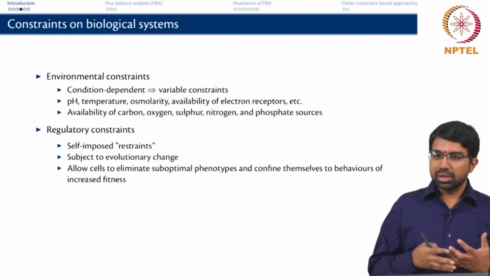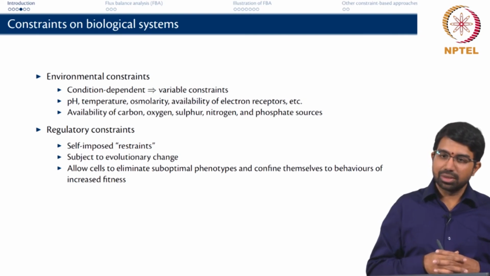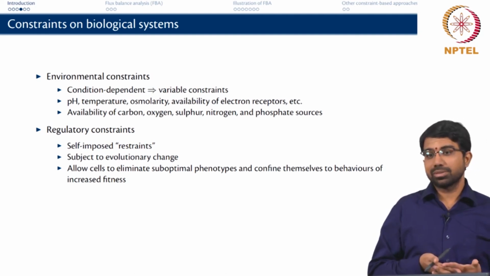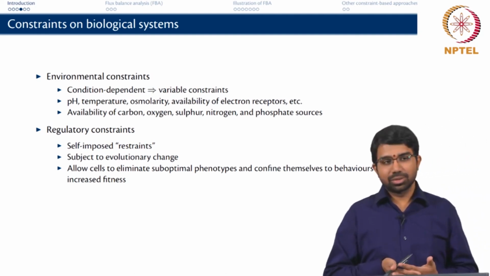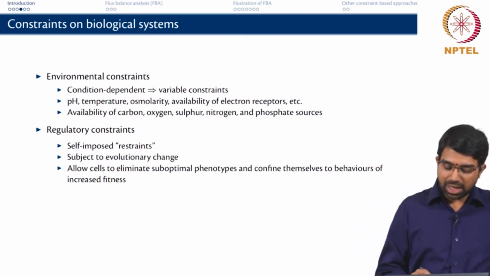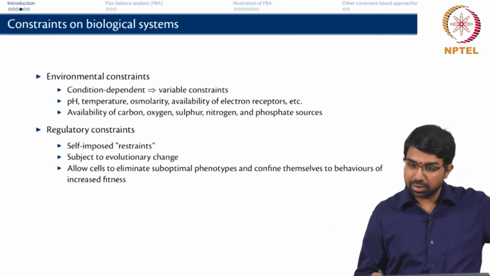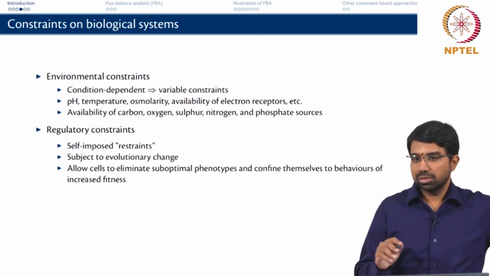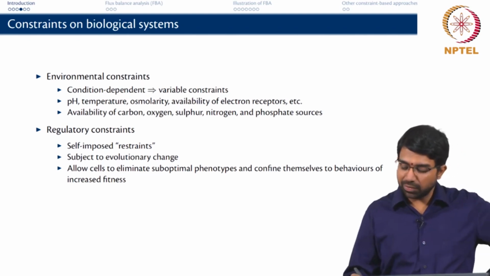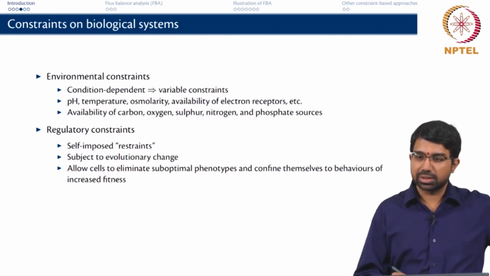So, another very similar example, a cell chooses not to grow: sporulation. Right. So, the conditions seem to be reasonable for growth, but the cell is trying to eliminate a suboptimal phenotype which could be reasonable growth under some harsh conditions and confine itself to a behavior of increased fitness.